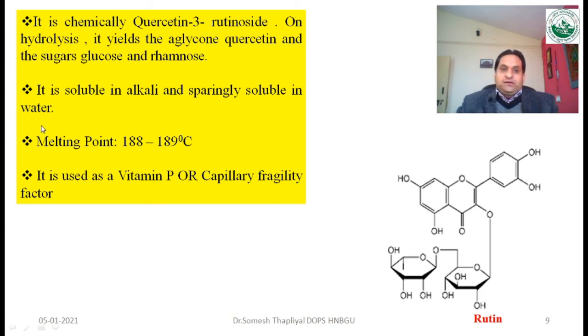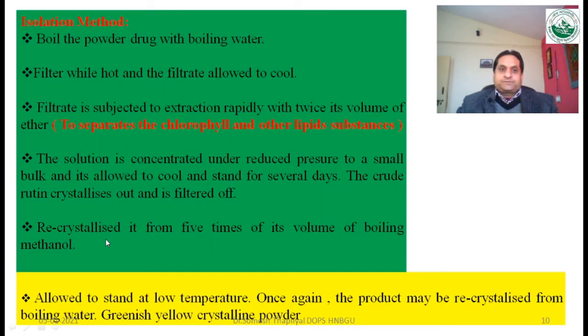And if you see the solubility pattern of the drug, it is soluble in alkali and sparingly soluble in water, and its melting point is 180 to 189 degrees Celsius. It is used as vitamin P or capillary fragility factor.